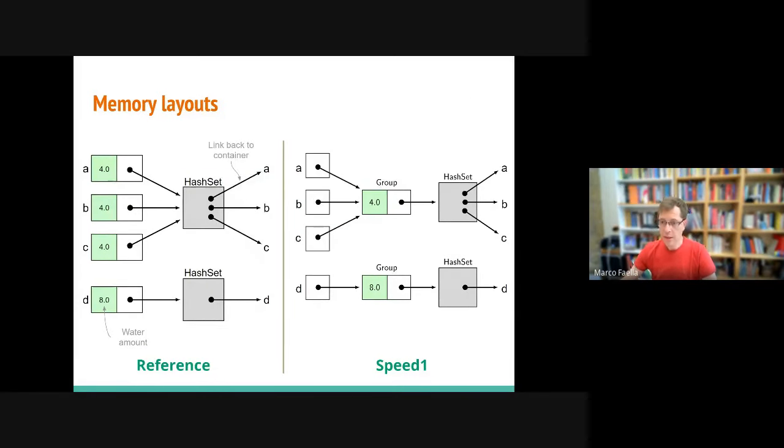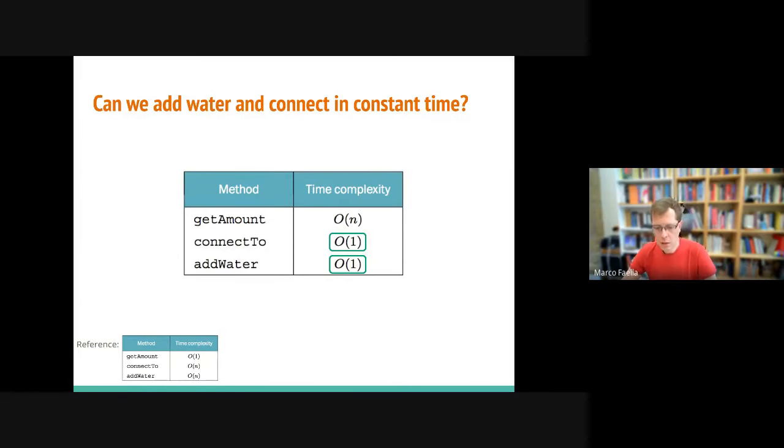Okay. But connecting two different containers is still linear because you still have to merge two different hash sets. And that takes linear time. Okay, one more step.